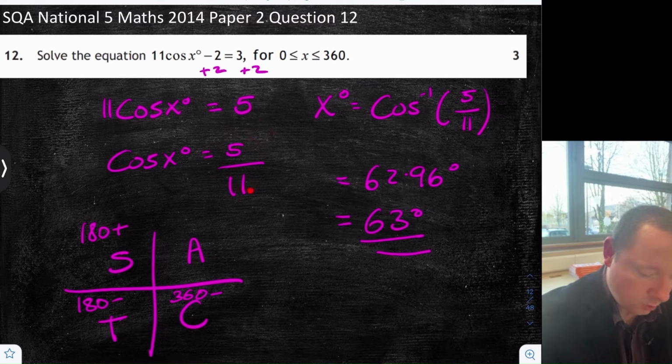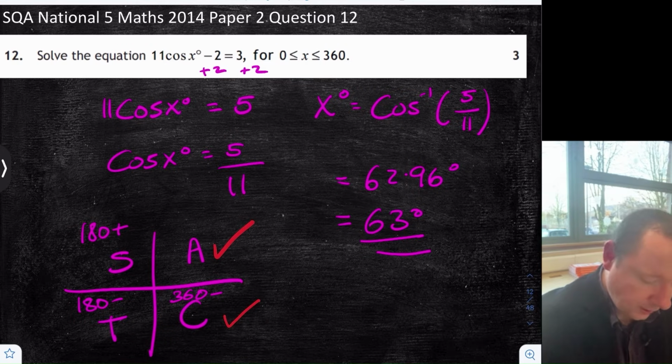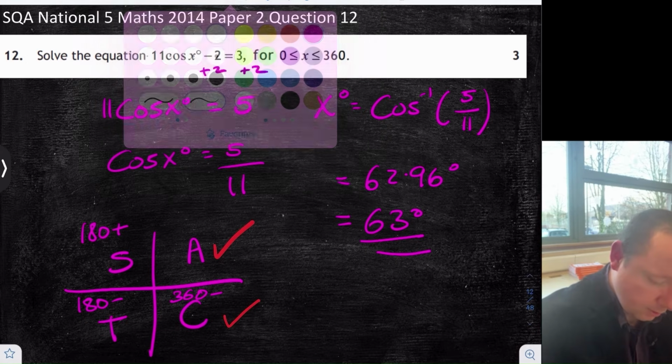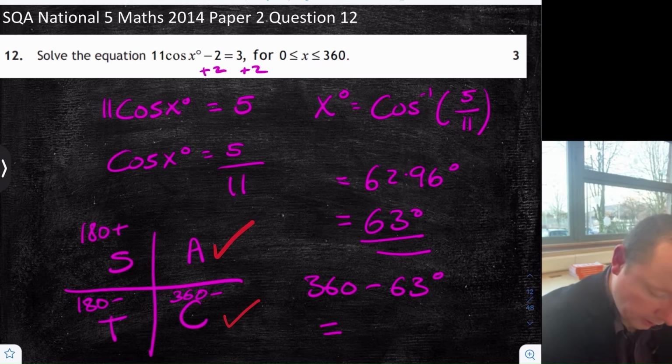Well, 5/11 is positive, so I tick A, and you always then tick the one you've got, which is cos. If it was negative, I would just tick the other two. So I now need to do 360 minus 63 degrees to get our second answer, which is 297 degrees in this case.